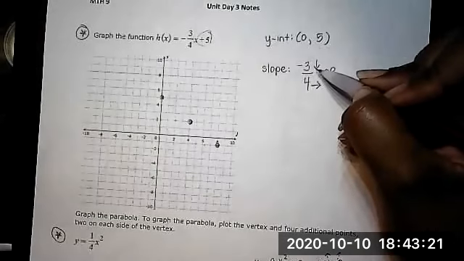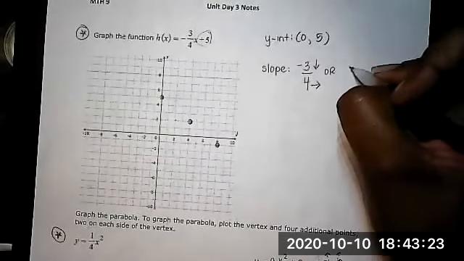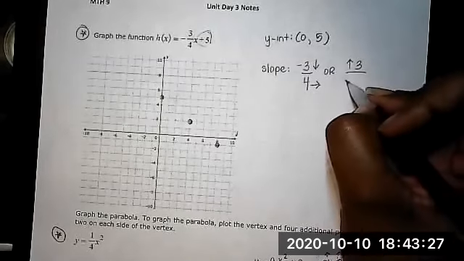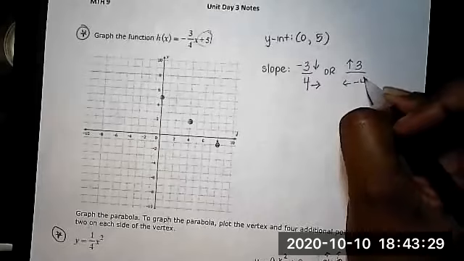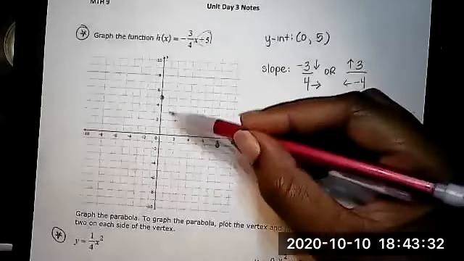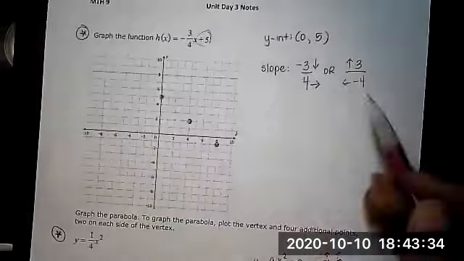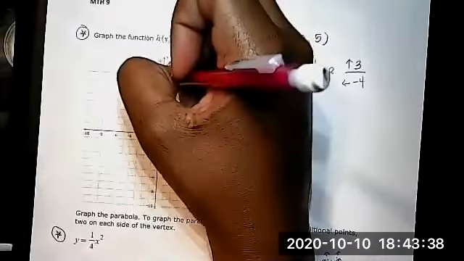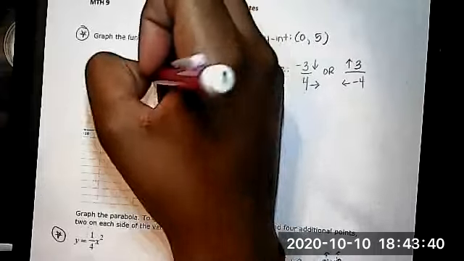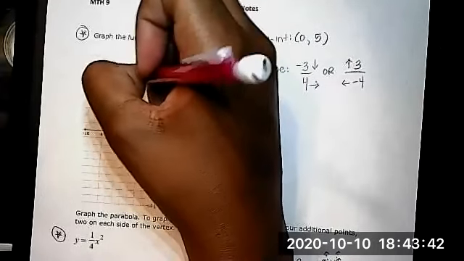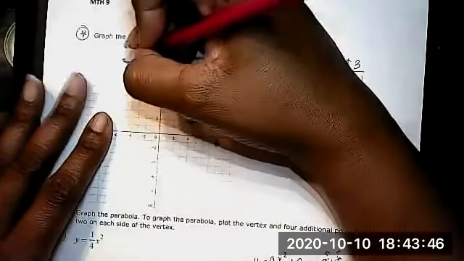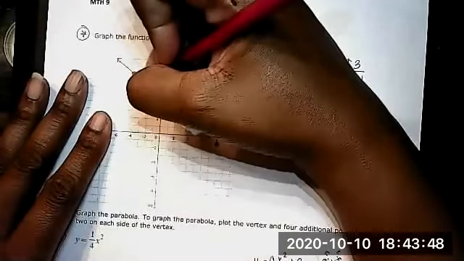So if it's down 3, it's also going to be up 3, and right 4 is also left negative 4. So from this y-intercept, I can also go up 3, 1, 2, 3, left 4, 1, 2, 3, 4. So that is our line, our graph of that equation.